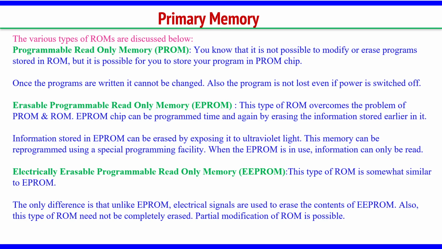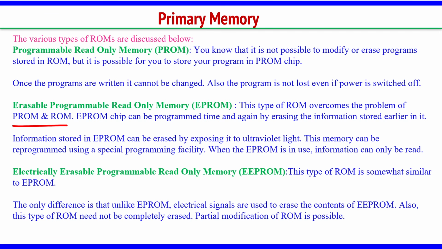The second one is EPROM, erasable programmable read-only memory. So, some advanced next version of it. This type of ROM overcomes the problem of ROM and PROM. An EPROM chip can be programmed time and again by erasing the information stored earlier in it.